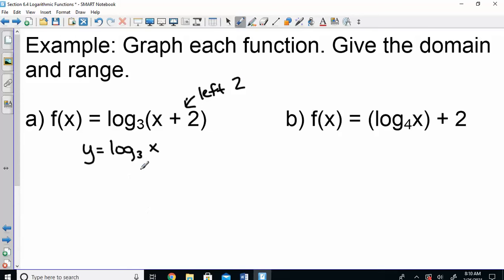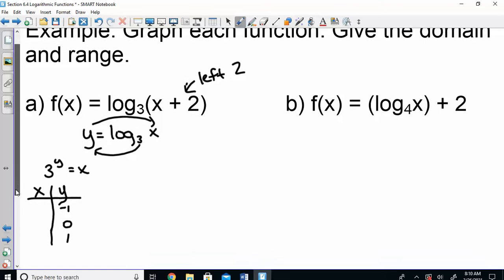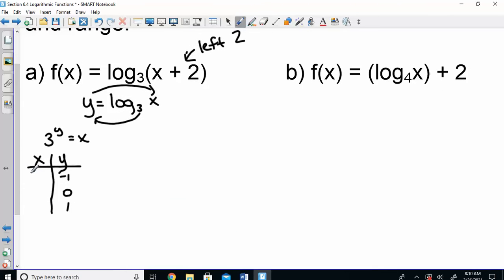Okay, so if you change this to exponential, we're going to do 3 to the y power equals x. So you're plugging in your -1, 0, and 1 for your y. 3 to the -1 is 1/3. 3 to the 0 is 1. 3 to the first is 3.